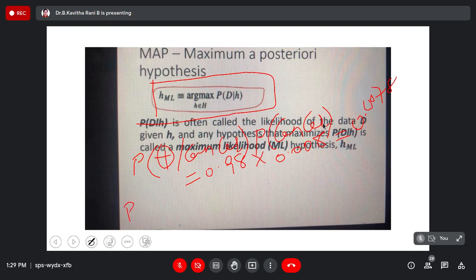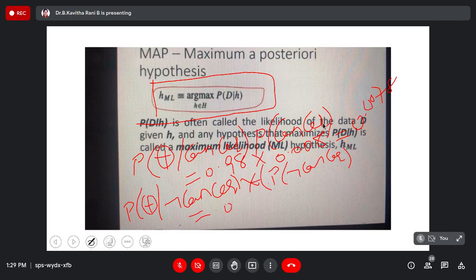Now we have to calculate for not having cancer also. So P of positive అని ఉంది కానీ క్యాన్సర్ లేదు, that is multiplied by the probability of not having cancer, that is equal to 0.03 into 0.992, that is equal to 0.0298.